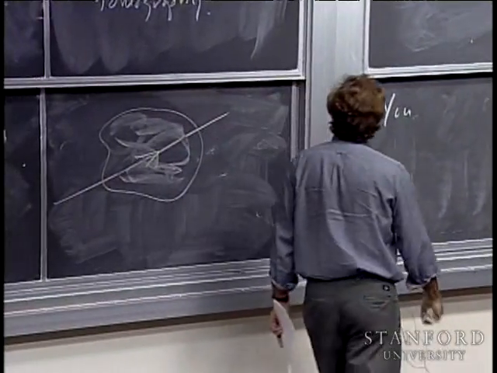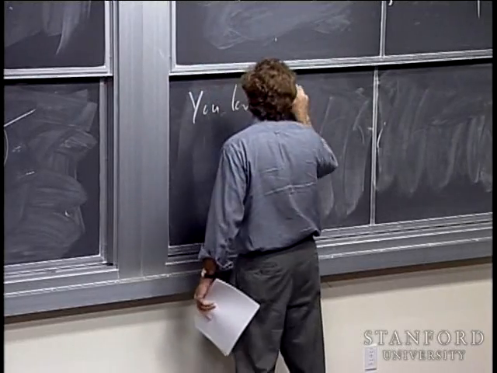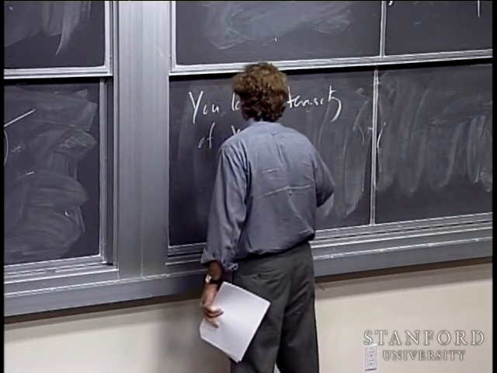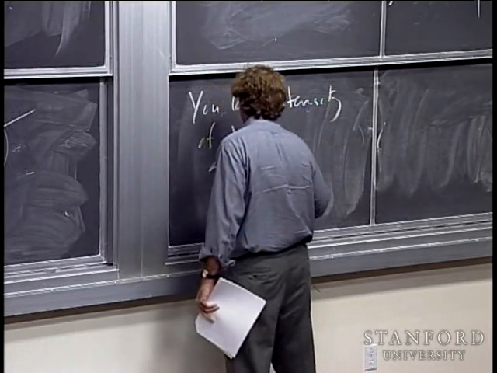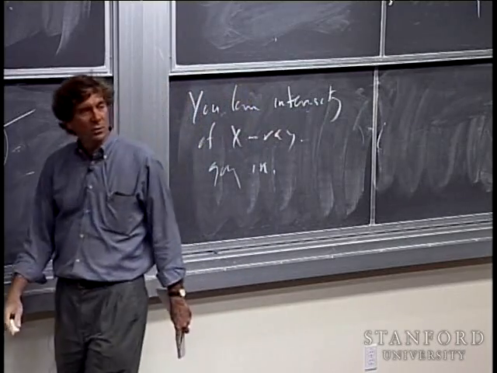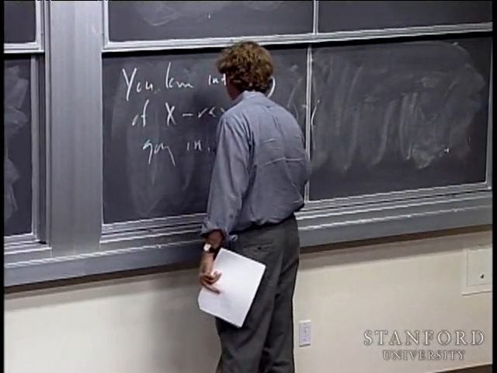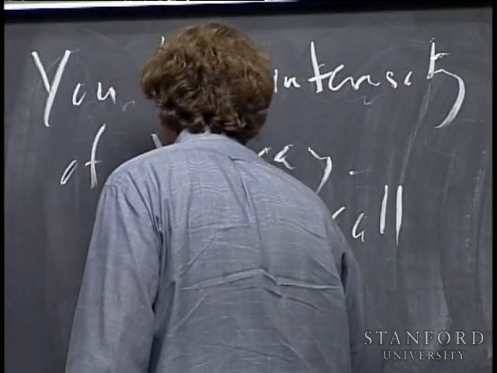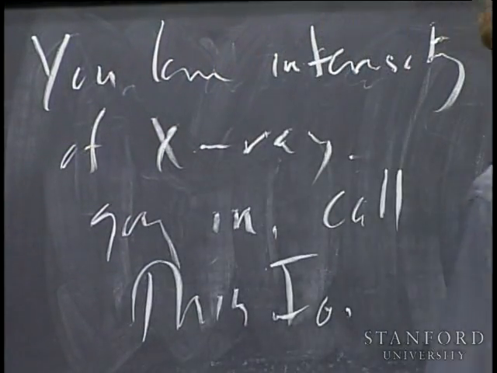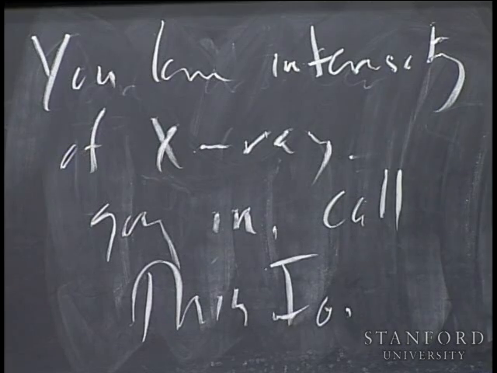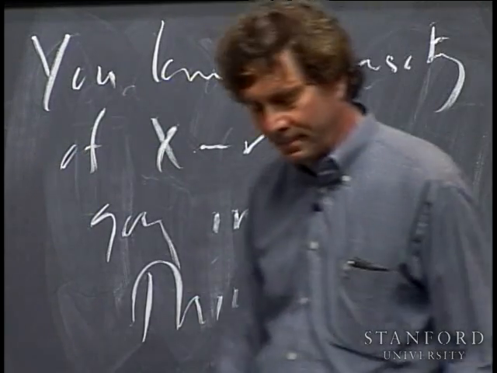You know the intensity of the X-ray going in. And then it gets attenuated, so let's call this I naught, the initial intensity. You measure the intensity going out on the other end. Let's call that I.